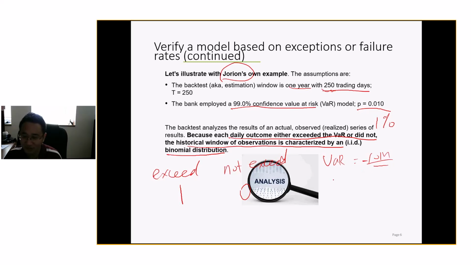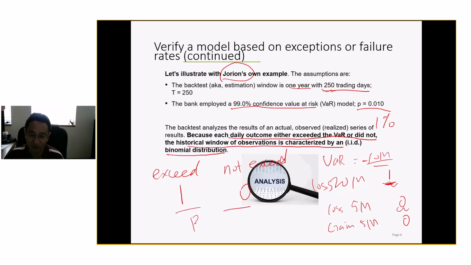If you lose, let's say, 20 million, then there will be a 1. That means the event happens. Or if you lose, let's say, only 5 million, it will be a 0. Or if you gain 5 million, it's also 0. It's either 1 or 0. So there are only 2 outcomes. That's why it's called a binomial distribution.